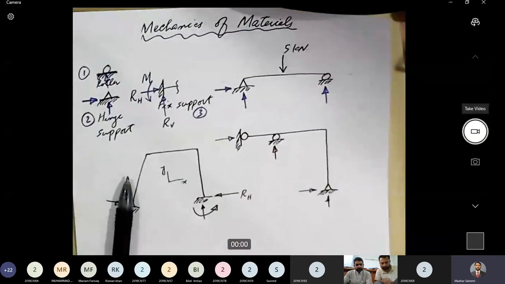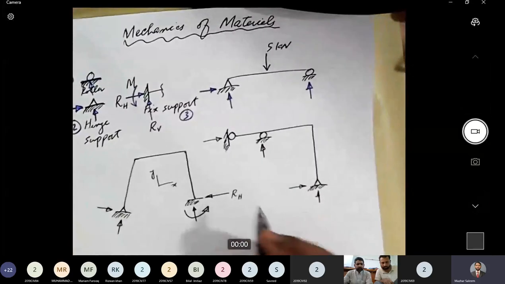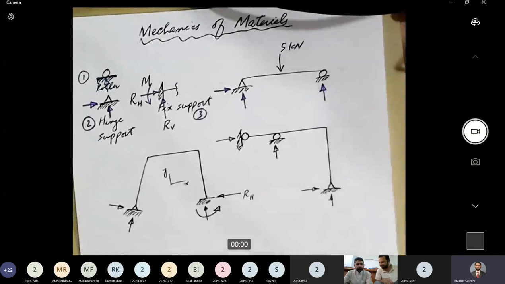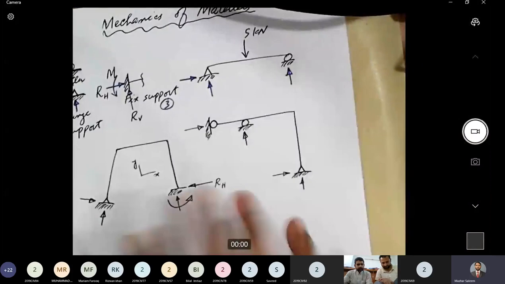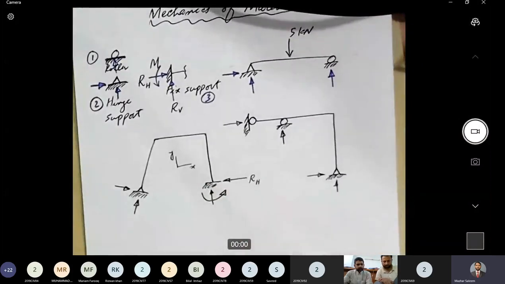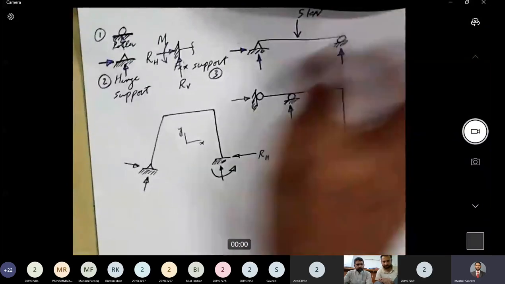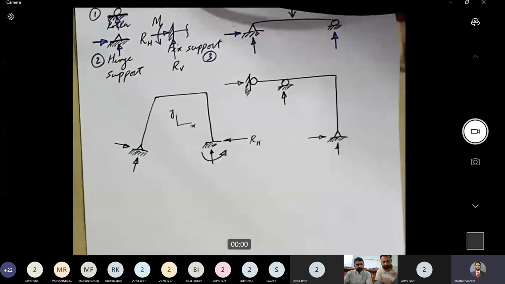Okay. So after different types of supports, let's go to different types of beams. One clarity before that: these three types that we have just covered are very distinct types, where we say that a support is either a hinge support or a roller support or a fixed support, but practically these types are not that distinct.